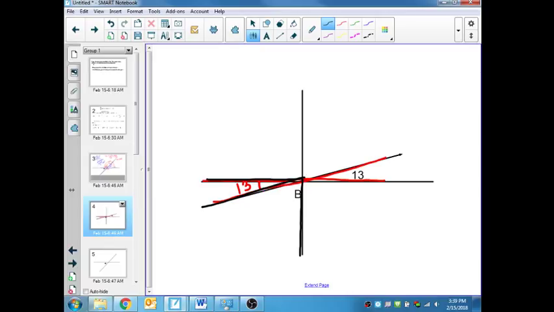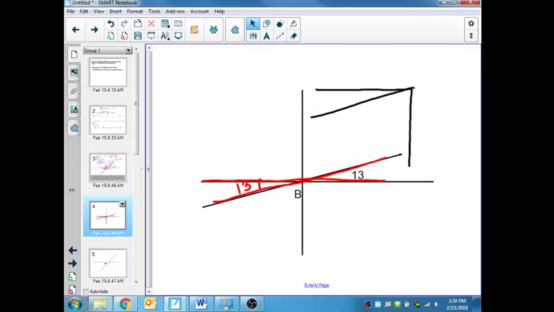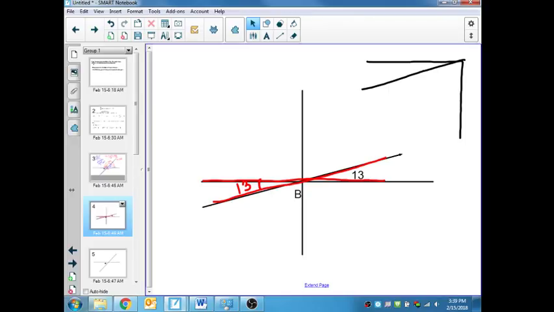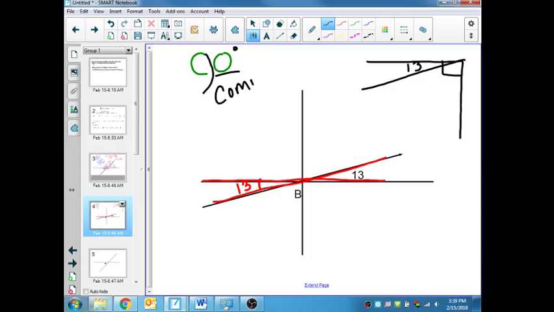So I want to pull out these two angles. If I'm just looking at this off to the side, and I know that this is 13 degrees, and I know that these are complementary angles. I know the word complementary starts with the letters CO, which can easily be turned into 90 degrees. So complementary angles equal 90 degrees.